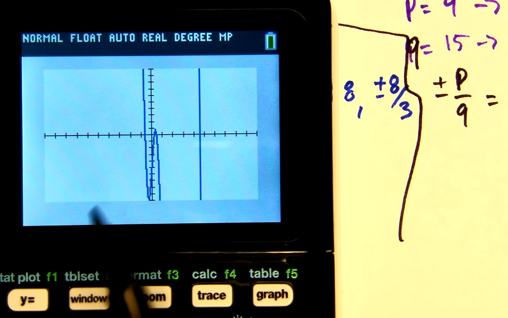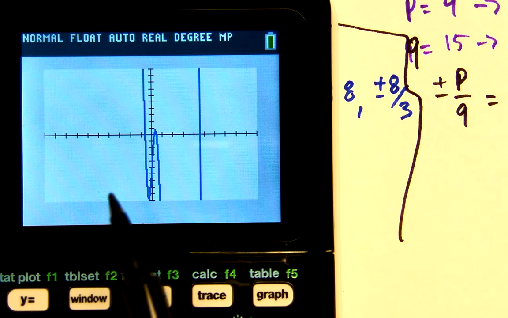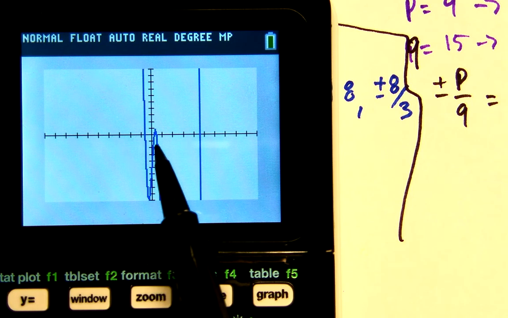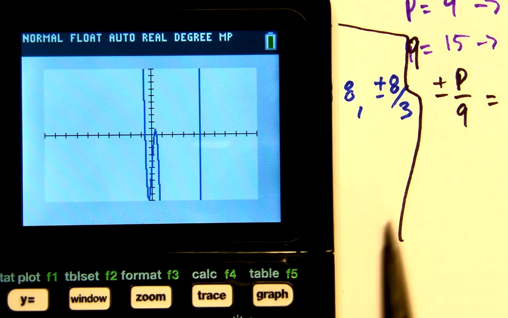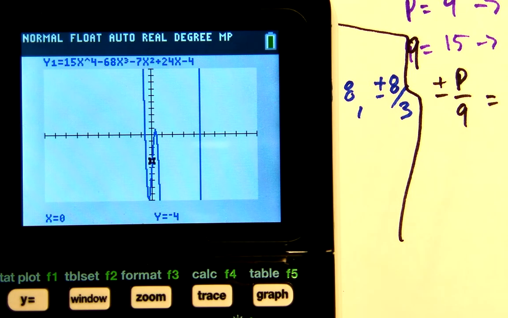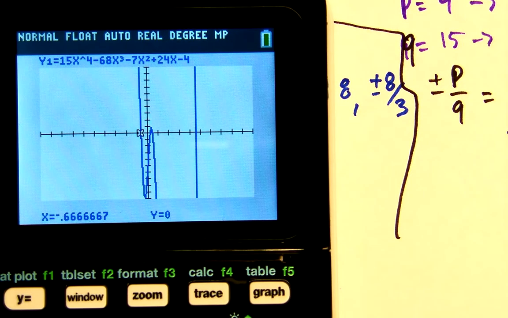It looks like I have all fractions again. So maybe I have negative 2/3. That would be something to try. These could be those really small ones, the 15ths. This one could be 4 and 2/3 or something. So again, I might want to start by testing to see if negative 2/3 works. And it does.